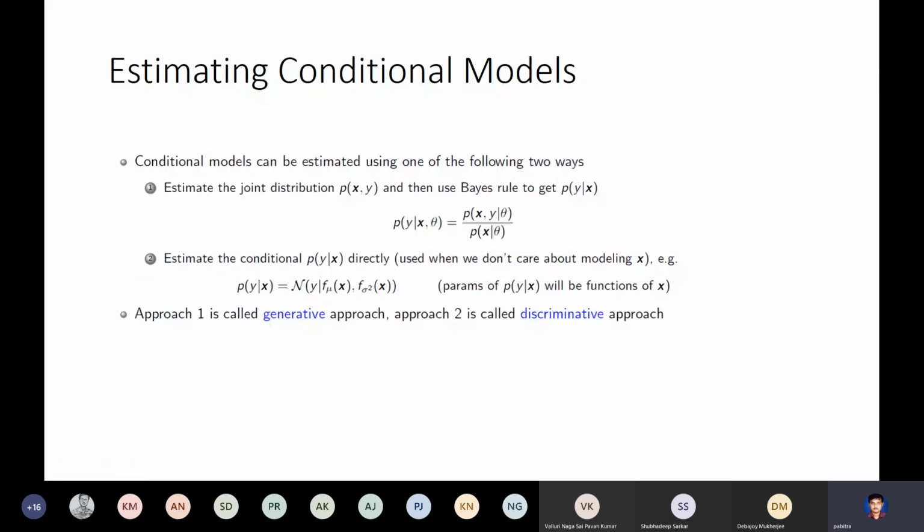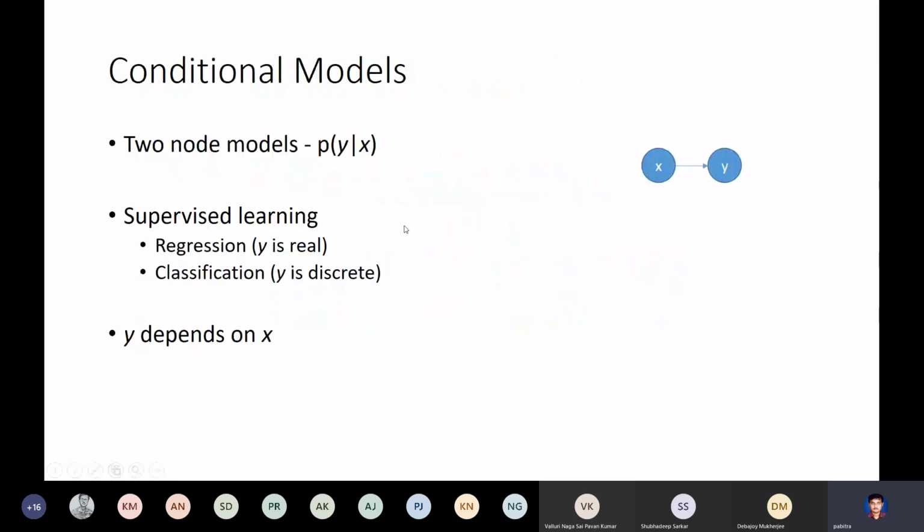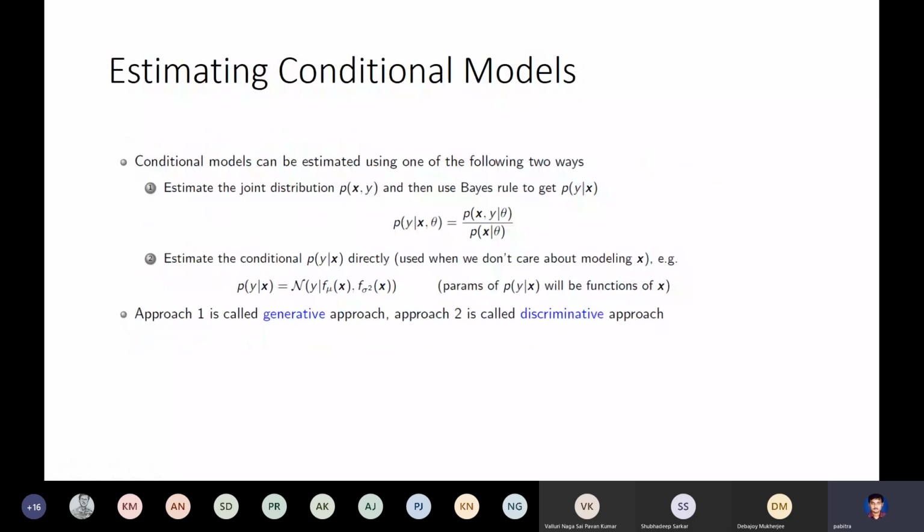Okay, so we are interested in this conditional probability. There are two general estimation methods of finding this. One estimation method, called a generative approach, is that we estimate the joint probability of x and y from the past data, then apply Bayes rule to get the probability of y given x.